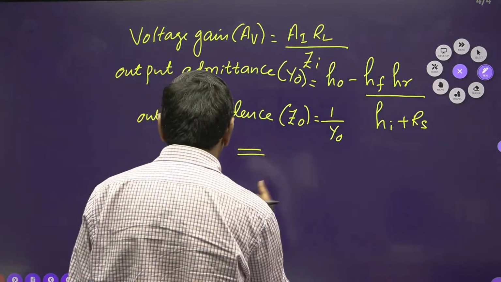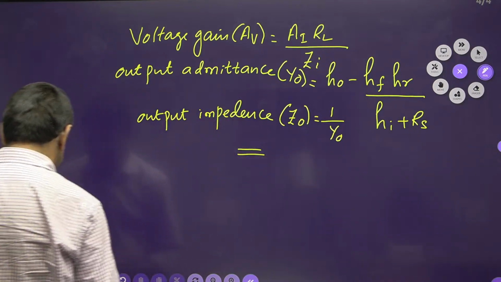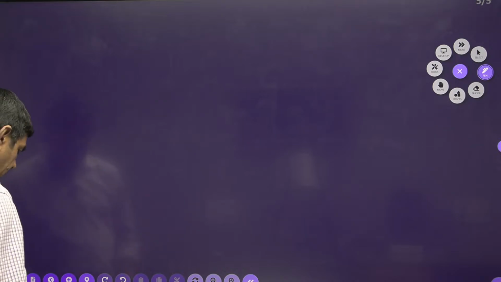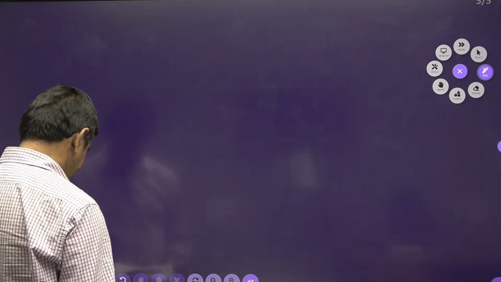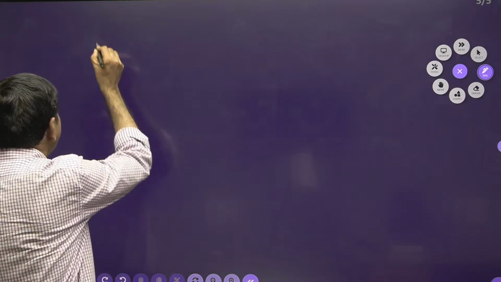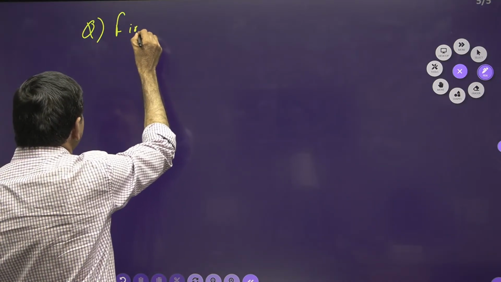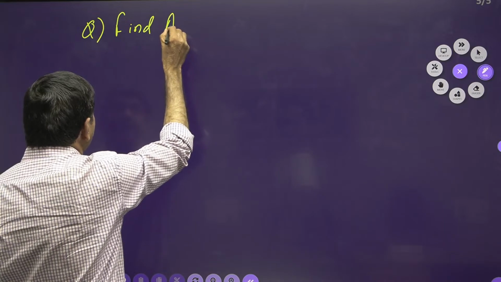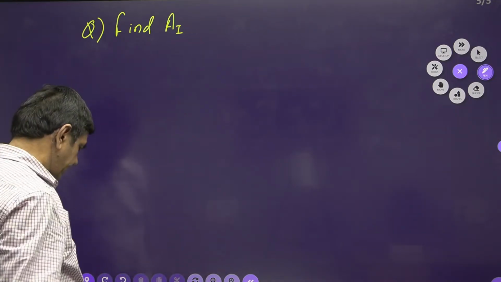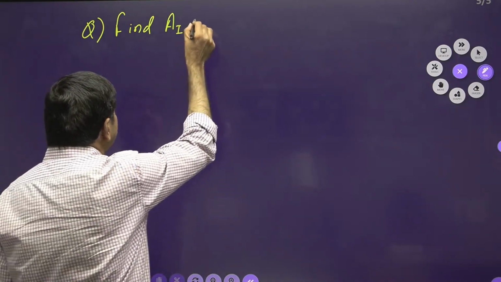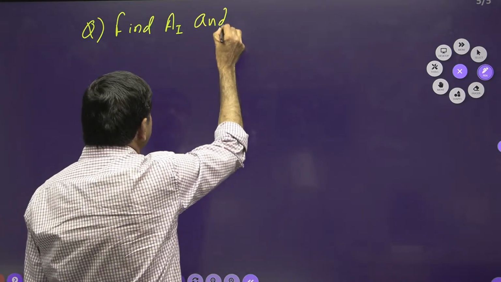I want to do one problem by using the H parameter model now. The problem is to find AI, the current gain, and Zi, the input impedance.